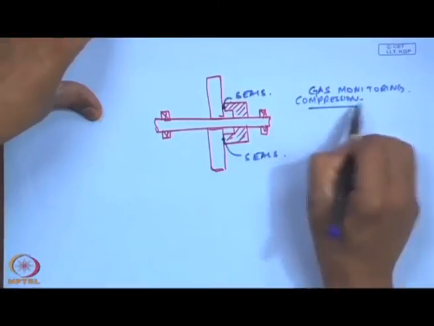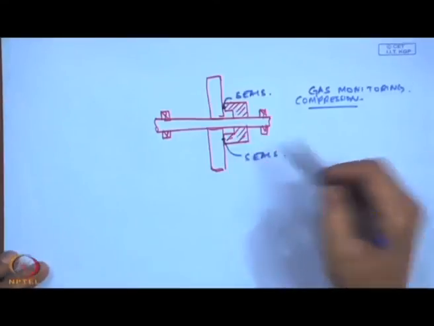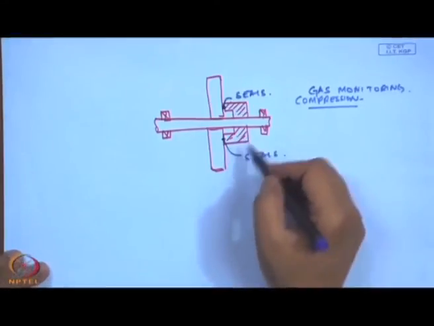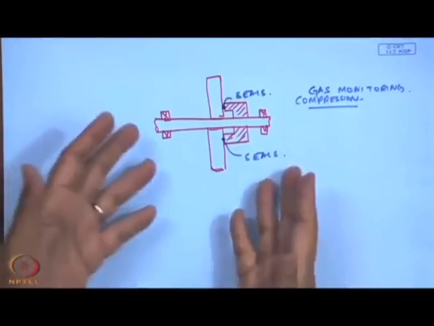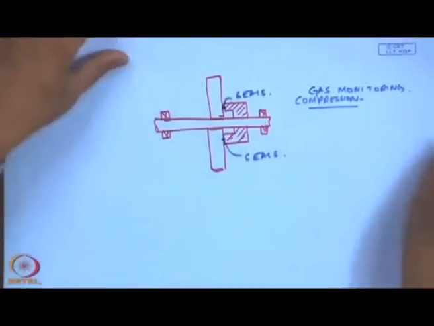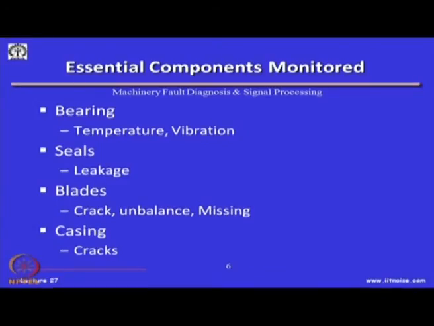Many special features are there, such as whether the seals have worn out. If seals wear out, we will have wear debris collected in the casing, and then blades could be cracked, unbalanced, or missing, and casings can be cracked.